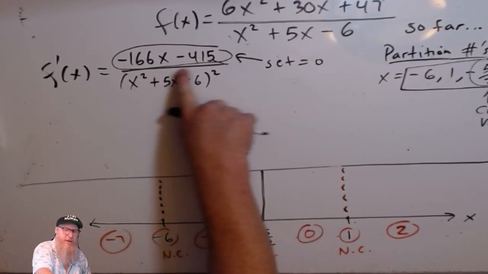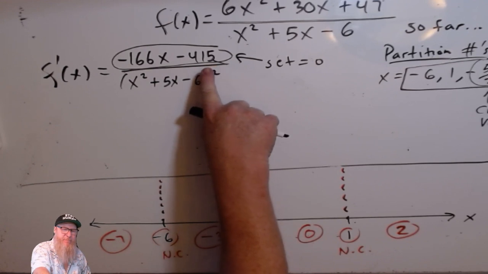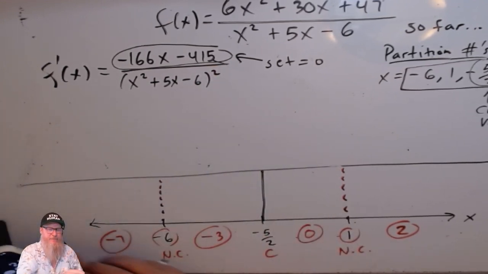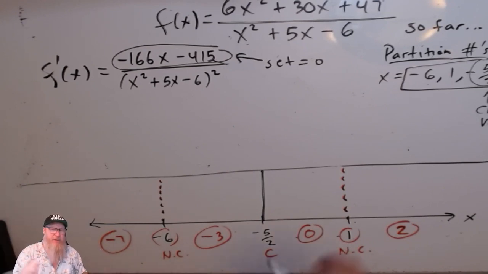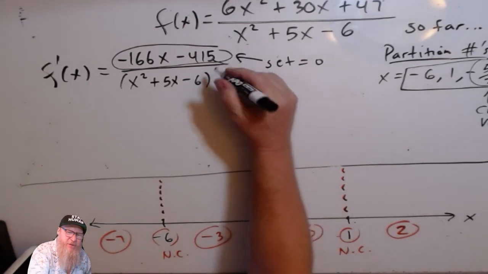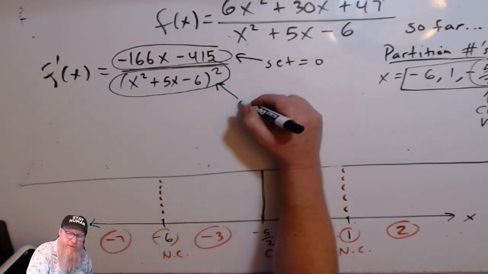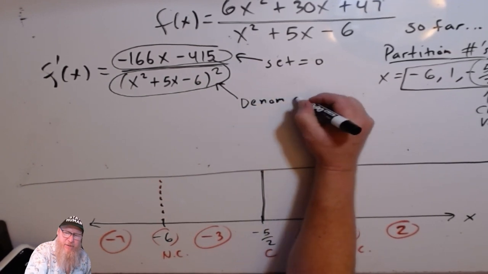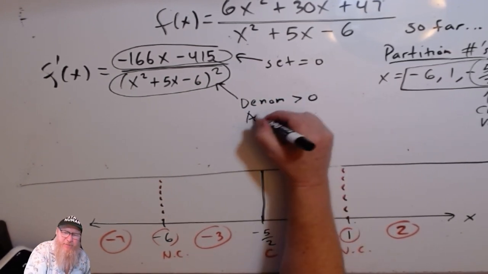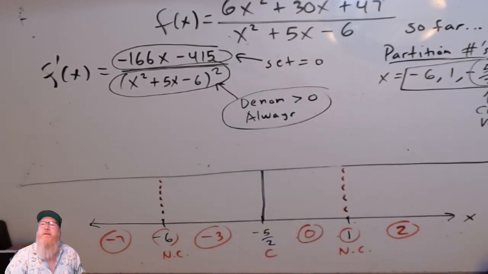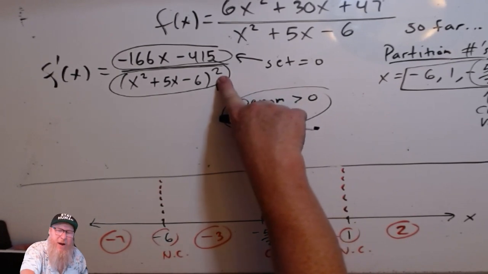Negative 7, plug it into here. If you want to have a calculator handy, you can. Now, I will mention something you can do to save some time. The denominator is always positive. The denominator is never going to be negative because it's being squared.